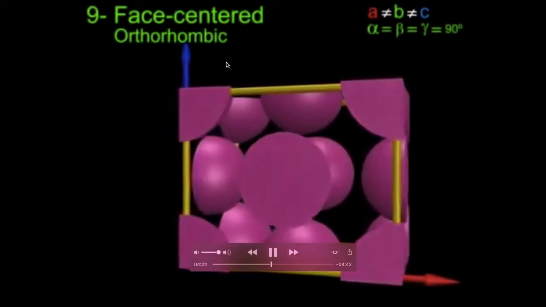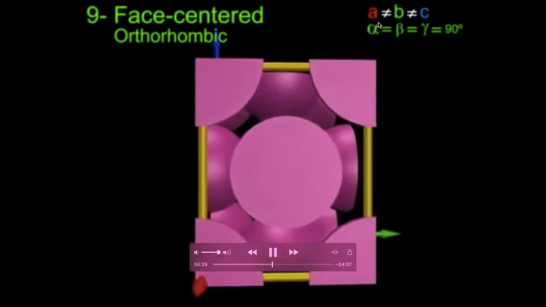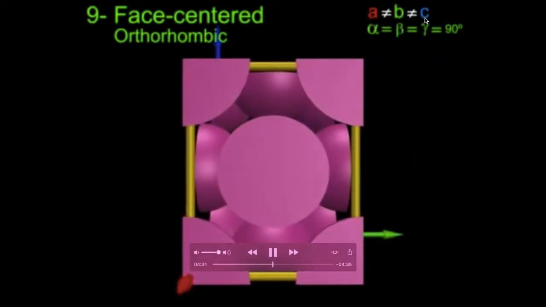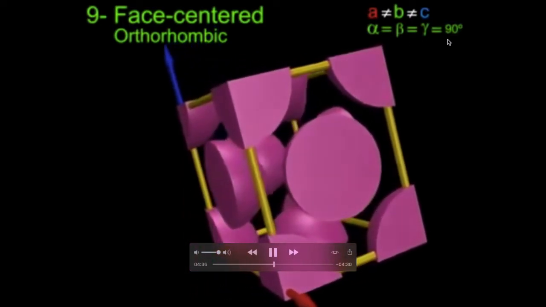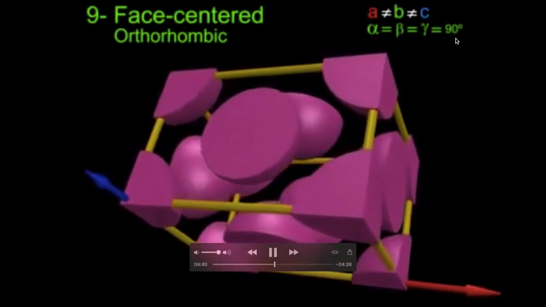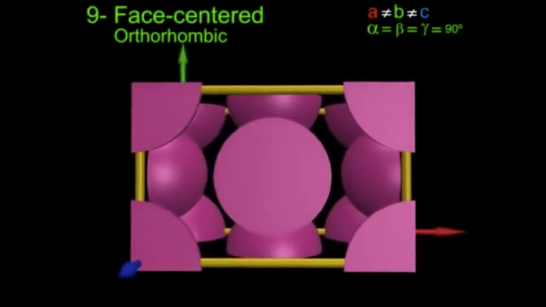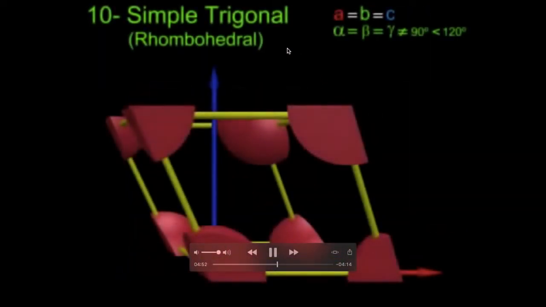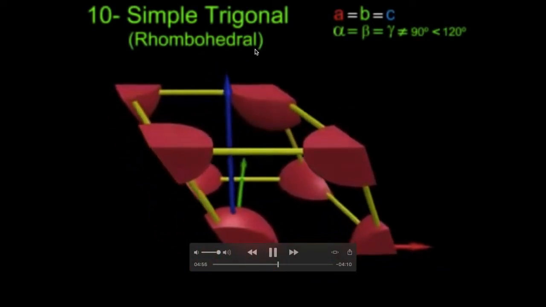In face centered orthorhombic, a is not equal to b is not equal to c, but all angles, that is alpha, beta and gamma, are equal to 90 degrees. Simple trigonal or rhombohedral.